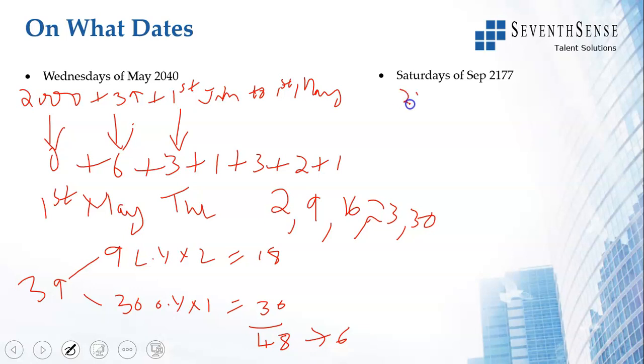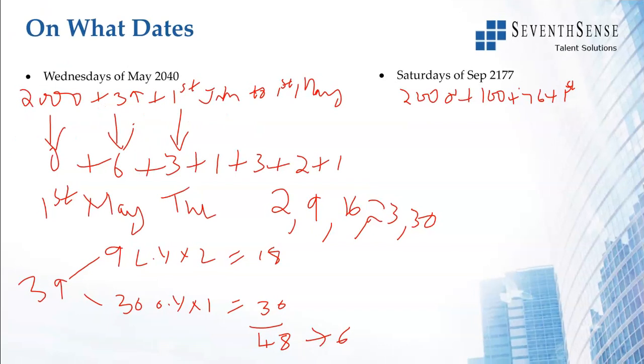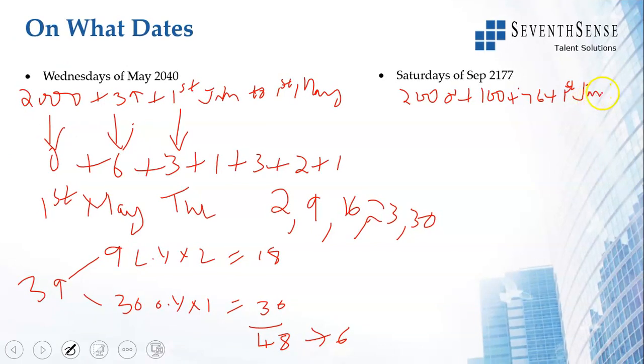2177, I write it as 2000 plus 100, sorry, yeah, plus 100 plus 76 plus 1st Jan to 1st Sep. 2000 years odd days are 0, 100 years odd days are 5.